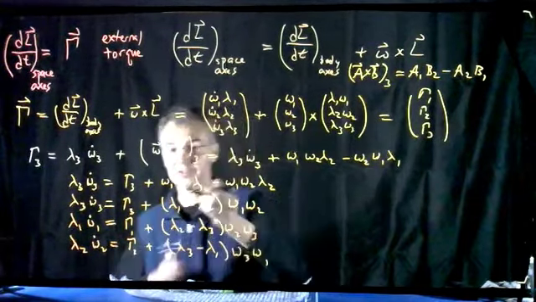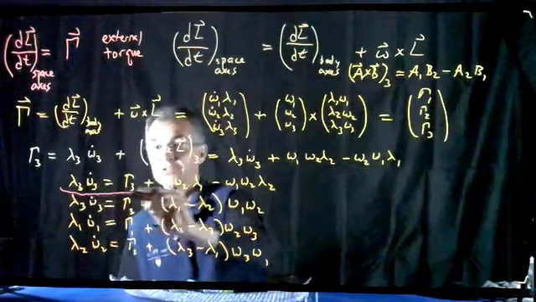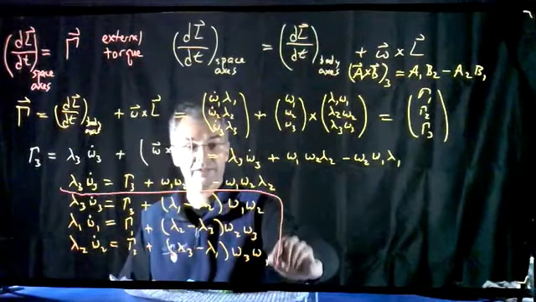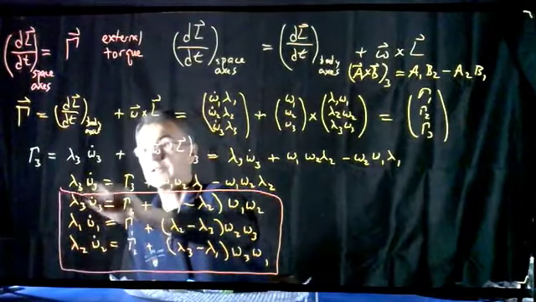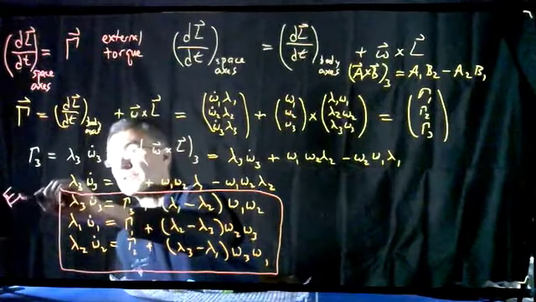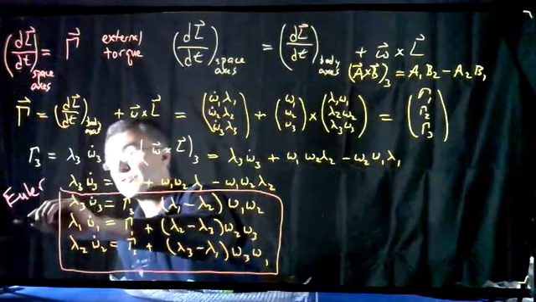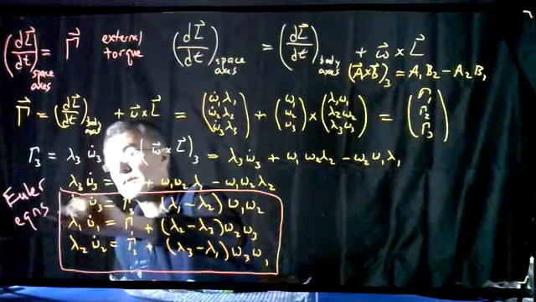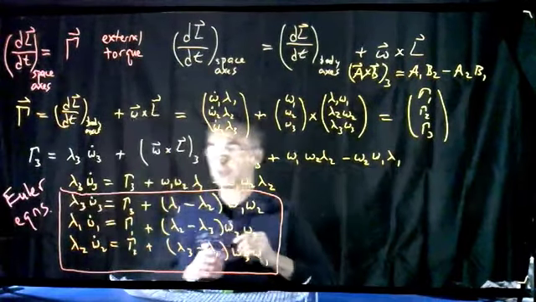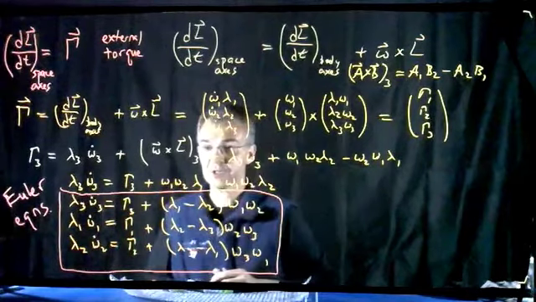So this set of 3 equations is called the Euler Equations. Euler has his name on so many different things. So these are the Euler Equations for precession of a rigid body.